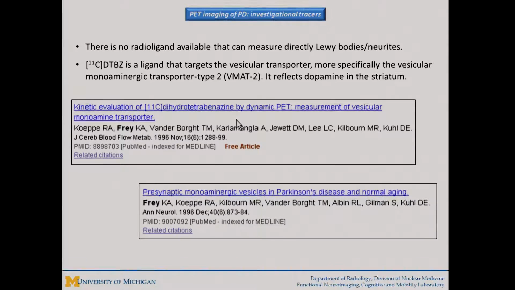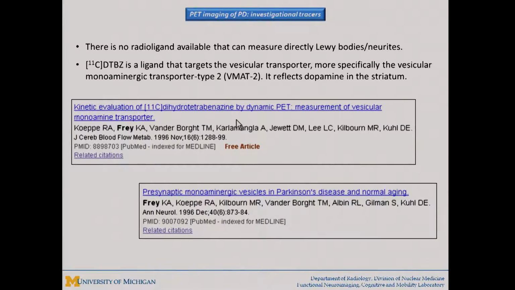Unfortunately, there's not a radiotracer that we can immediately target these Lewy bodies with, so we cannot directly visualize them. Although the Michael J. Fox Foundation just gave a $1 million reward for the investigator who can do that. It won't be me, I can tell you that.